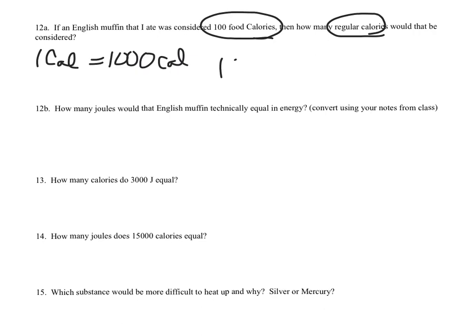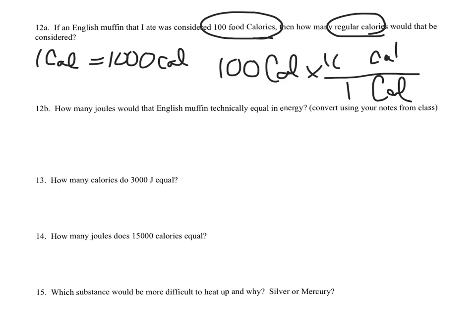Okay, so if we have 100 food calories, let's write down what we have. We want to get rid of food calories, so we're going to divide by food calories on the bottom and put regular lowercase calories up on top. Remember, for every one food calorie, there are 1,000 little science calories. This is not an equation.